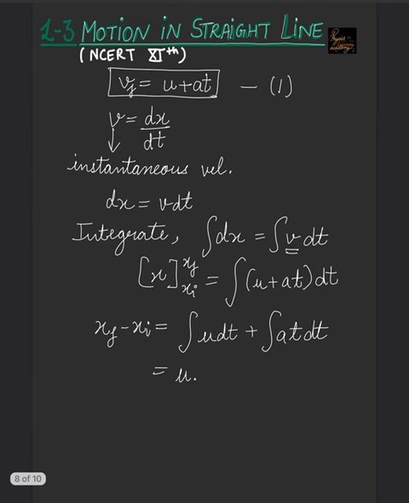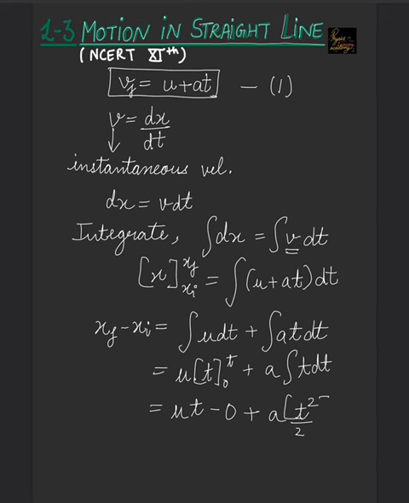Limits are 0 and t. a is constant, t dt. u t, because the other terms become 0, plus a times t dt is t square by 2, and the limit again is 0 to t.